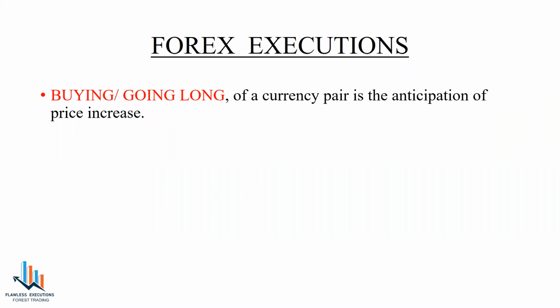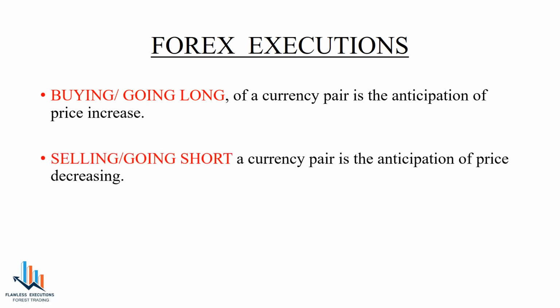Buying or going long of a currency pair is anticipating a price increase. If we anticipate that a price is going to increase, then we are buying the pair. And if we anticipate that the price is going to decrease, then we are selling the pair.